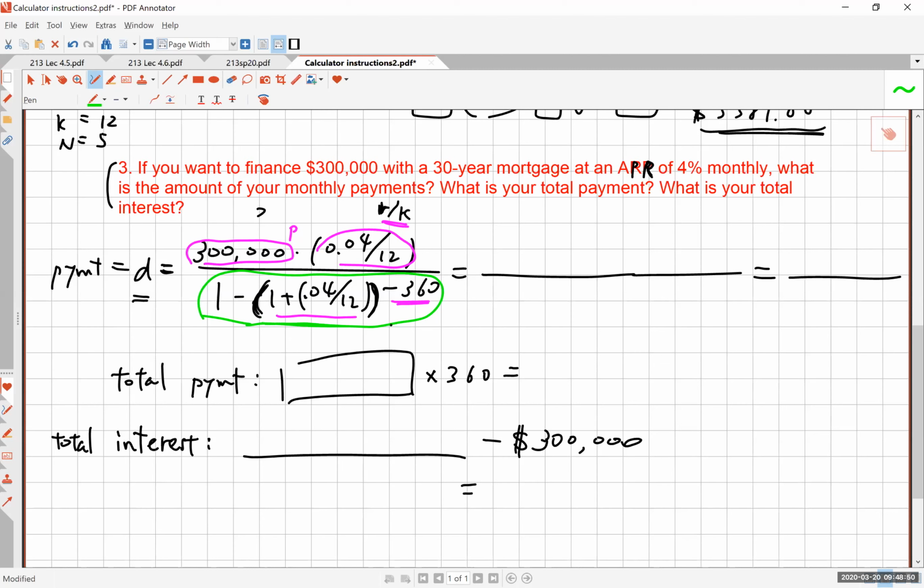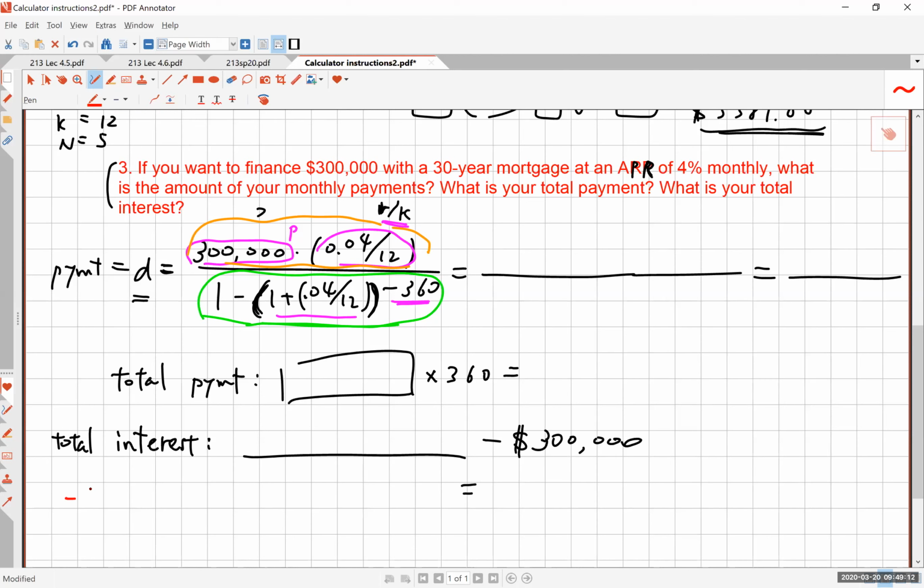So maybe you want to write this down, as many digits as possible, and then you want to find the numerator and write it down. Again, physically as a number, and you want to divide the numerator by the denominator, and that's your monthly payment.